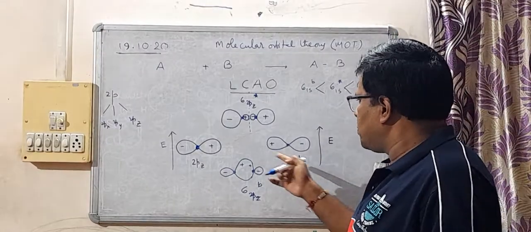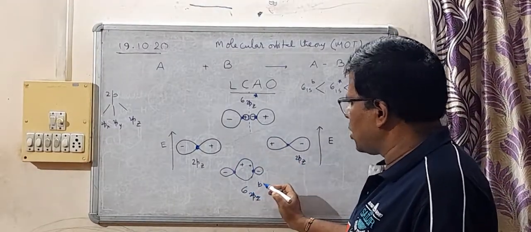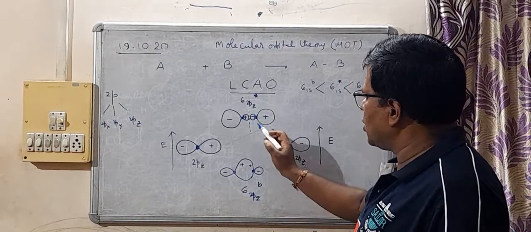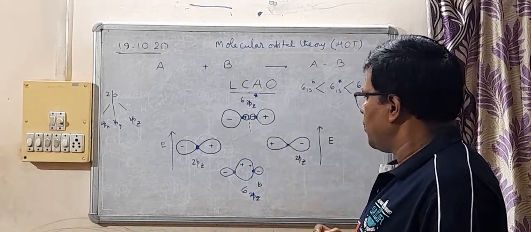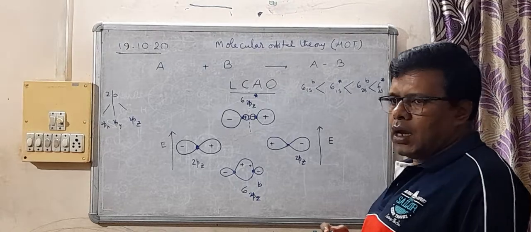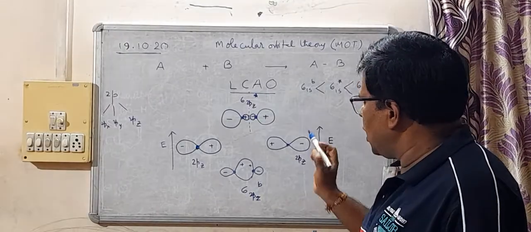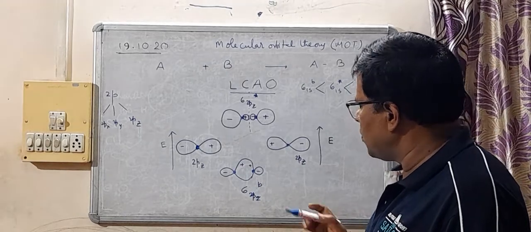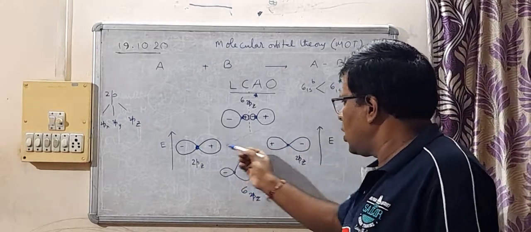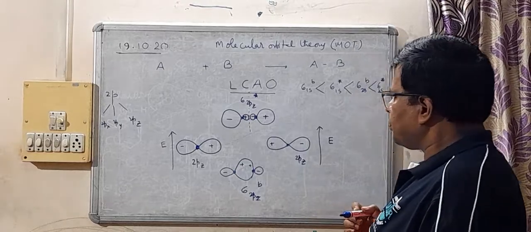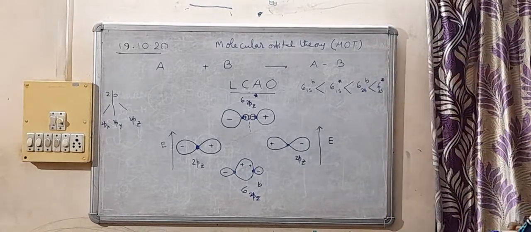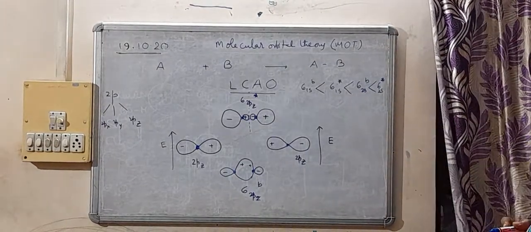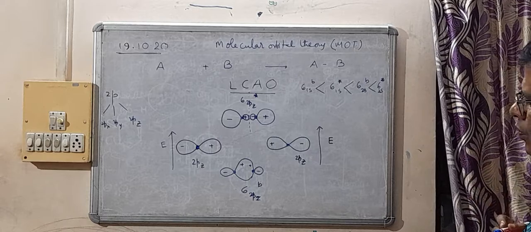So pz combining forms sigma 2pz bonding and sigma 2pz anti-bonding. As already said, here we have considered, according to convention, the internuclear axis as the z-axis. So we got another two molecular orbitals.